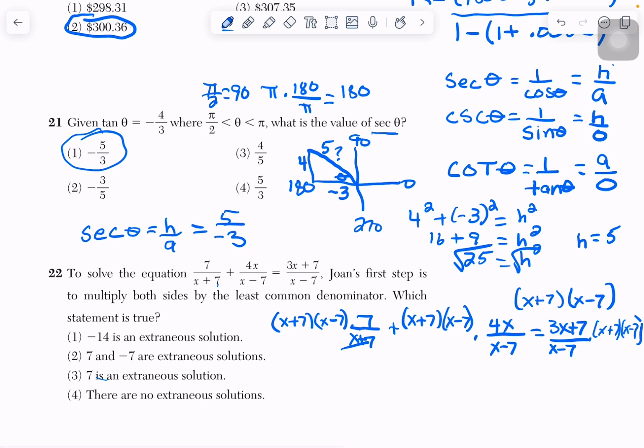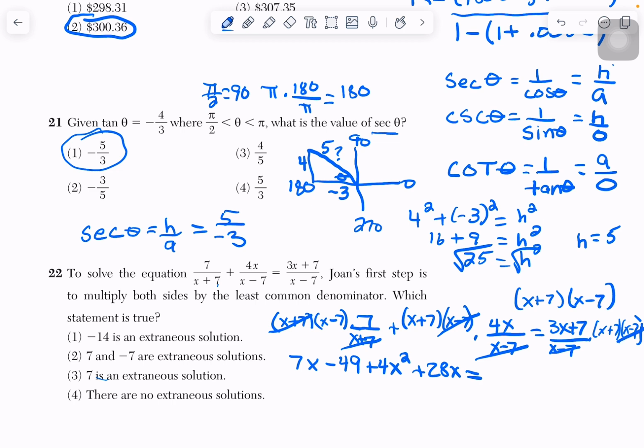All right, so these two cancel out, and I'm left with 7x minus 49. This one, the x minus 7's cancel out, and I'm left with plus 4x squared plus 28x is equal to this one and this one cancel out.